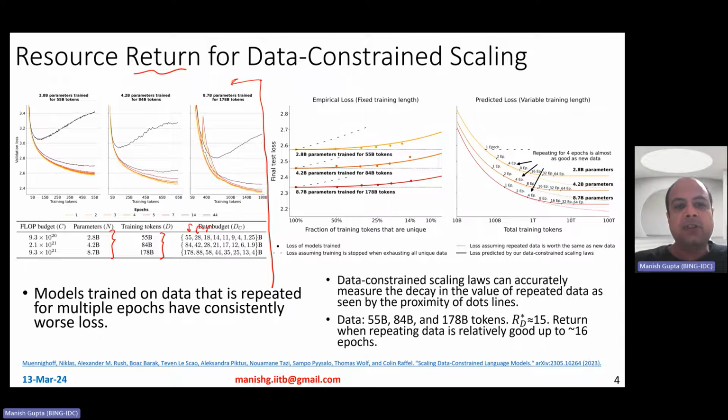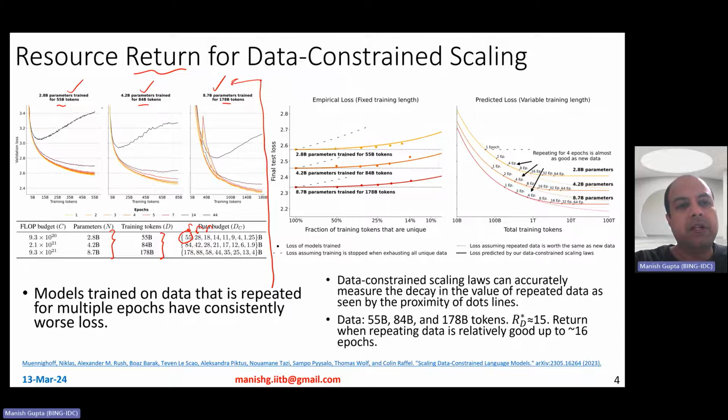Now it's sort of obvious that if you just do one epoch, you should get better results, lower loss. If you do 2 epochs, you get slightly worse loss, 3 epochs, slightly worse, or rather slightly higher loss. That is what is plotted here. This is the 2.8 billion, 4.2 billion, and 8.7 billion parameter models, where one epoch means 55 billion, 84 billion, and 178 billion tokens respectively.